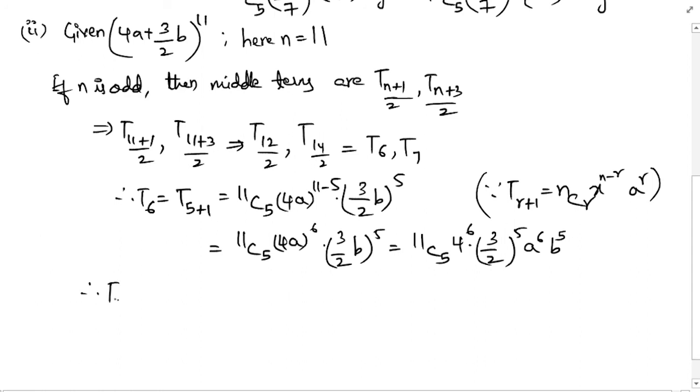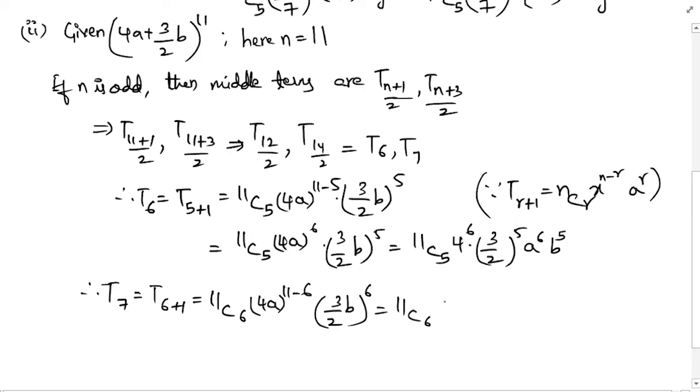Therefore T7 is equal to T(6+1). So that is equal to 11C6 (4a)^(11−6) into (3/2b)^6, which is equal to 11C6 (4a)^5 and (3/2b)^6.